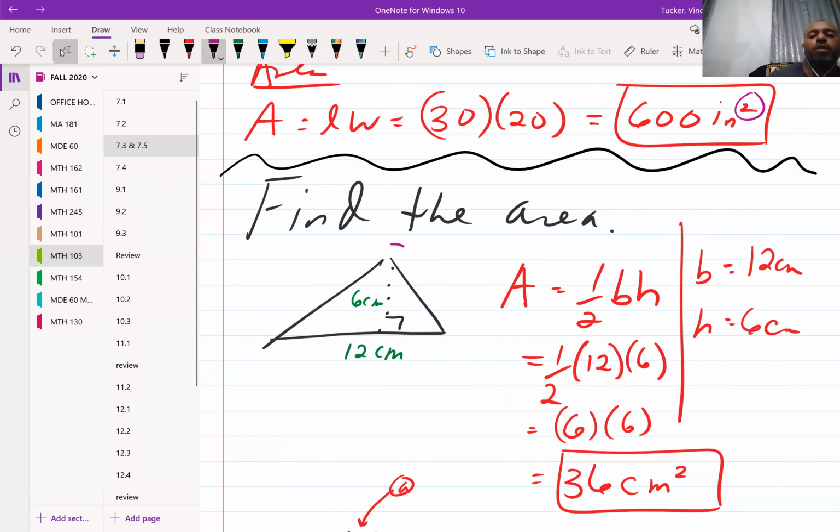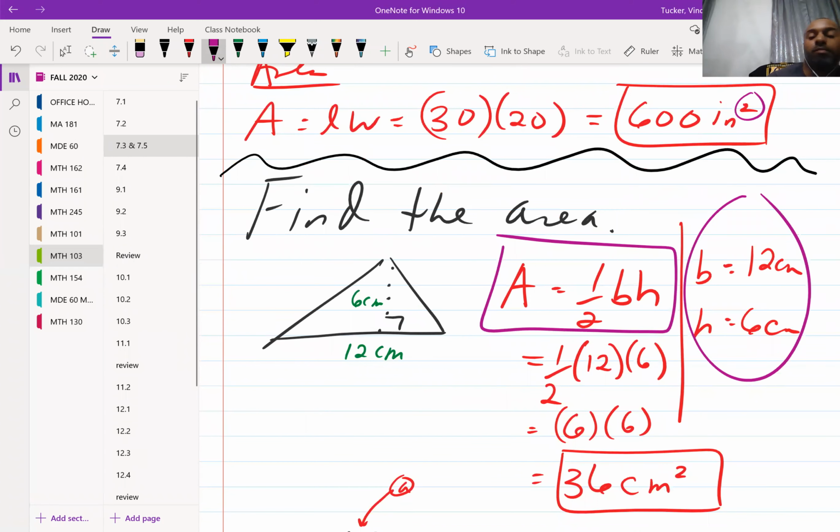All right, so here we have our diagram. Find the area of the triangle. Formula for the area of the triangle is 1/2 base times height. Establish what variable goes with what. So our base is 12. Our height is 6. So that's 1/2 times 12 times 6.